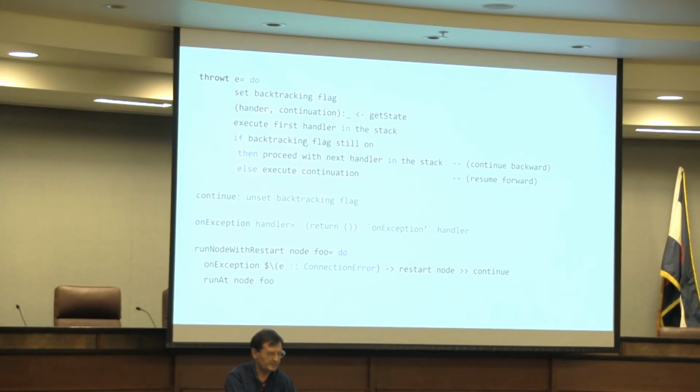But if there is a continue, it unsets the backtracking flag, and instead of executing more handlers, it reads the continuation and executes it. So the result is that it executes backwards until a level and then executes forward from this moment on. It's a navigation of the monad.